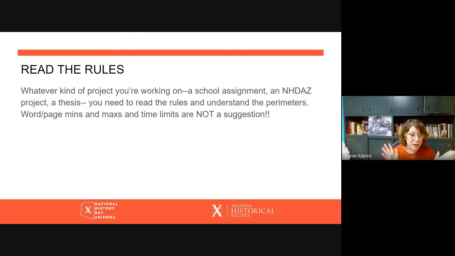But let's get started. Absolutely, first and foremost, when you are drafting any project, read the rules. It doesn't matter if you're working on an assignment for school, something for National History Day, a thesis when you go to college, perhaps a college admissions writing sample. Understand the parameters.